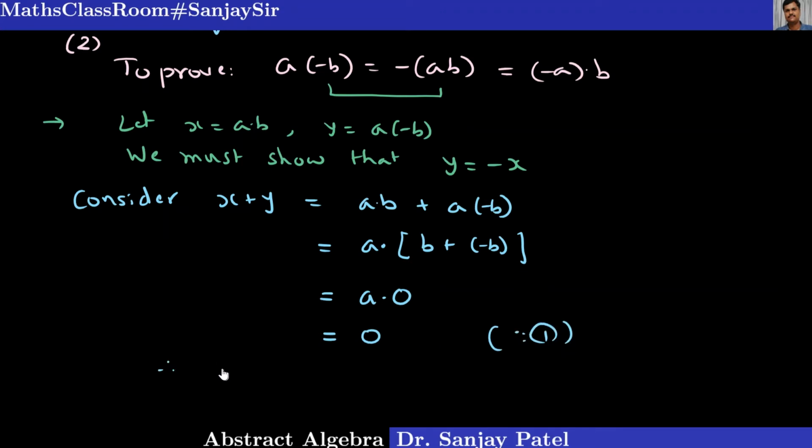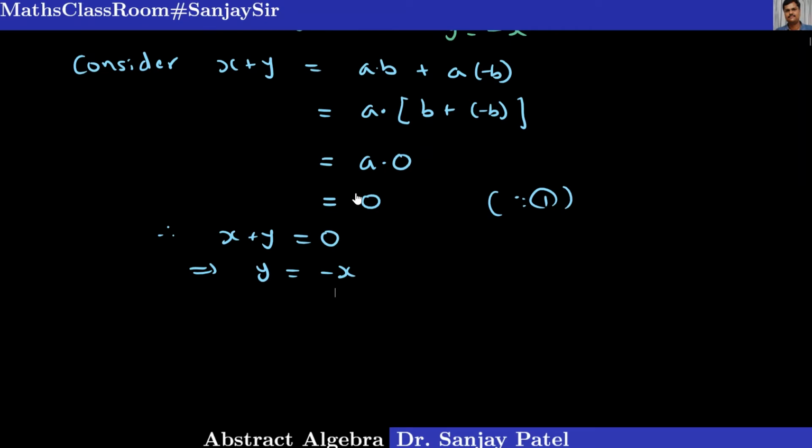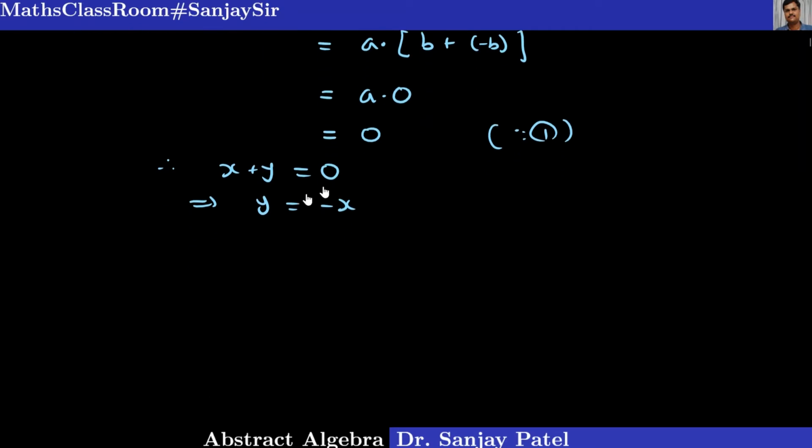So what is proved is X plus Y equal to 0, and that implies Y is the negative of X. But what is X and Y? X is AB and Y is A into minus B. So I can say that A into minus B is equal to minus AB.